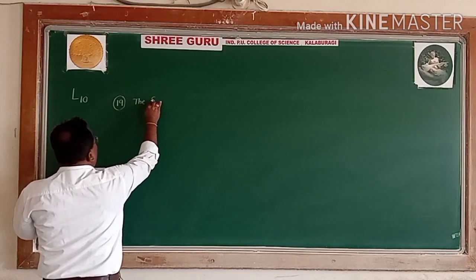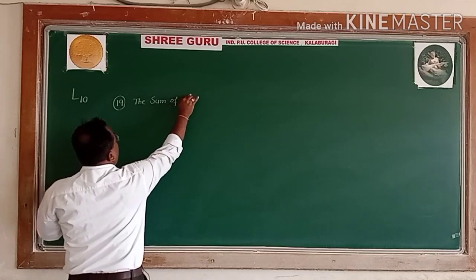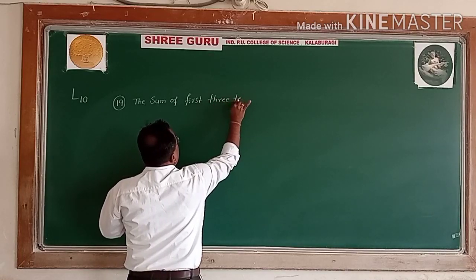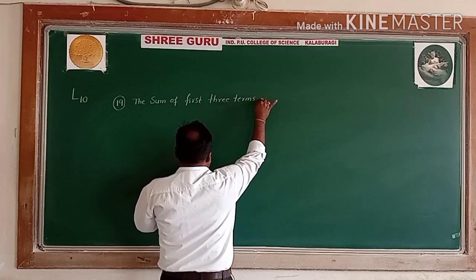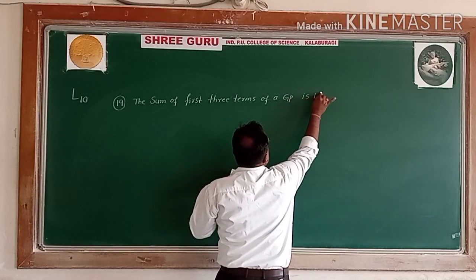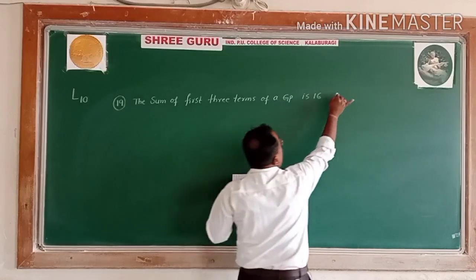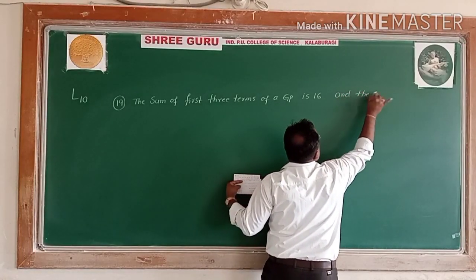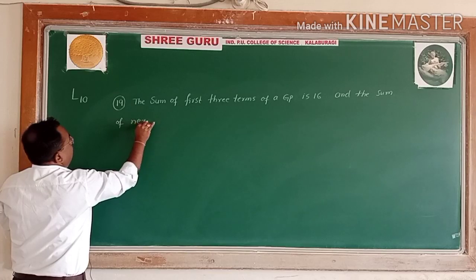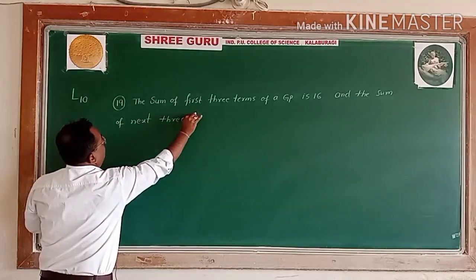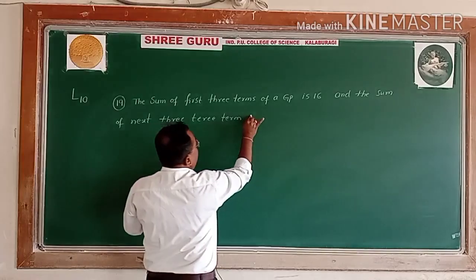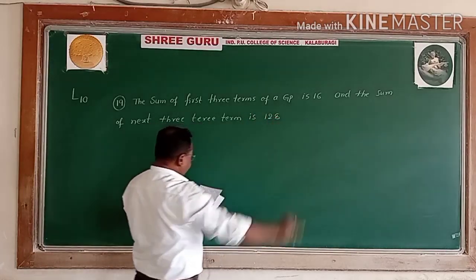The sum of first 3 terms of a GP is 16 and the sum of next 3 terms is 128.